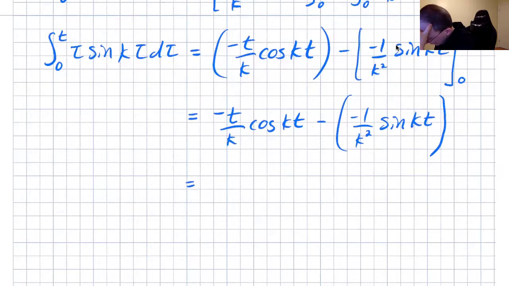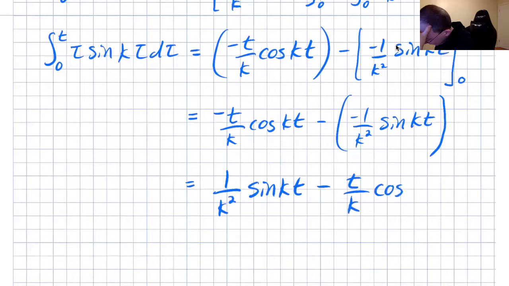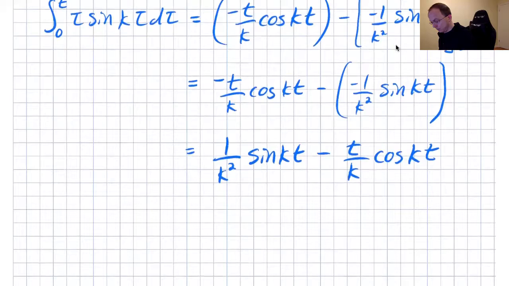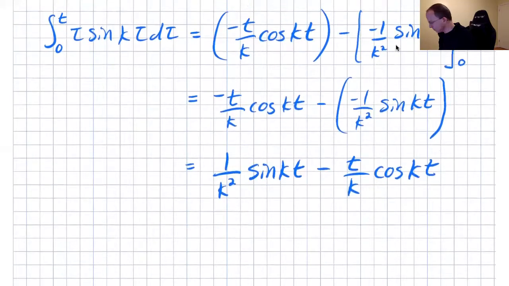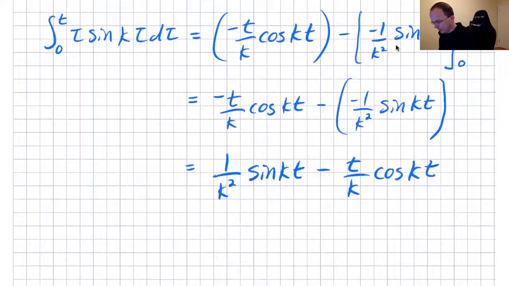So in the end, let me put this term in the front because it'll be minus minus, which is plus. So that'll be 1 over k squared sine kt minus t over k cosine kt. Okay, great. That's what we needed.